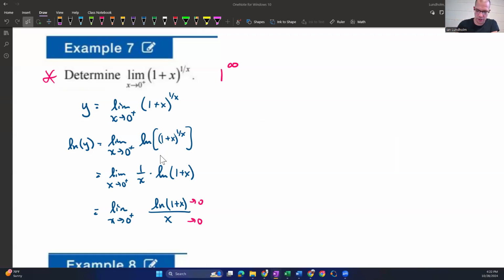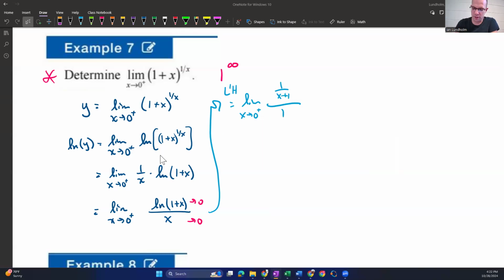Let's change it to a lighter blue. We can use L'Hopital's rule again on this right-hand side. Limit as x goes to 0 from the right. The derivative of that natural log part is going to be 1 over x plus 1, or 1 plus x, sure.